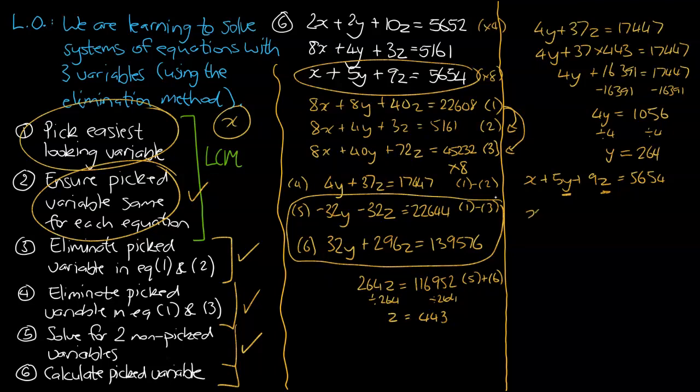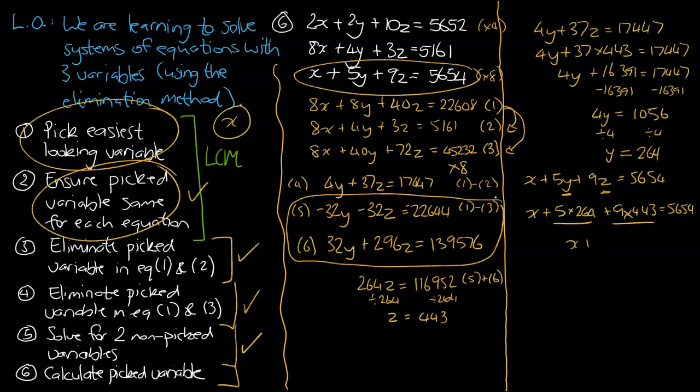So we've got x plus 5 times 264 plus 9 times 443, and that there is equal to 5,654. I now need to go ahead and calculate that multiplication. Adding them together gets me to 5,307.